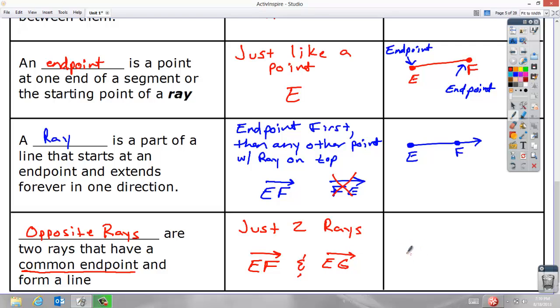When we draw that, it says that they have to form a line, right? So here's our line that they're going to form. Here's E, EG, and EF. So right here, they have this same common endpoint. This one goes this way. This one goes this way. EF, EG. 2 rays, common endpoint, and they form a line.